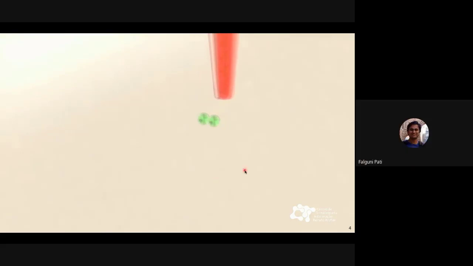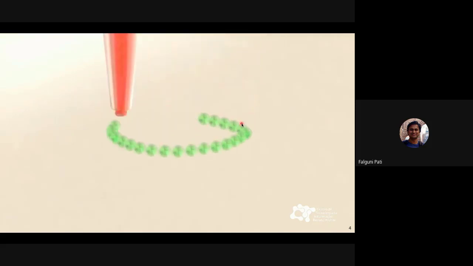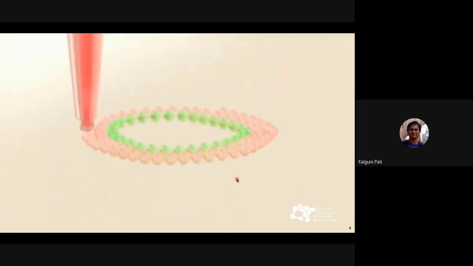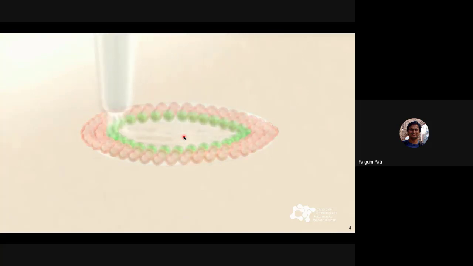So yeah, we can pattern the cells in a particular fashion, layer by layer, depending upon the geometry that we want to create. We can create any kind of pattern. And suppose in the middle we want to put some materials to fill the gap, so that can also be done.